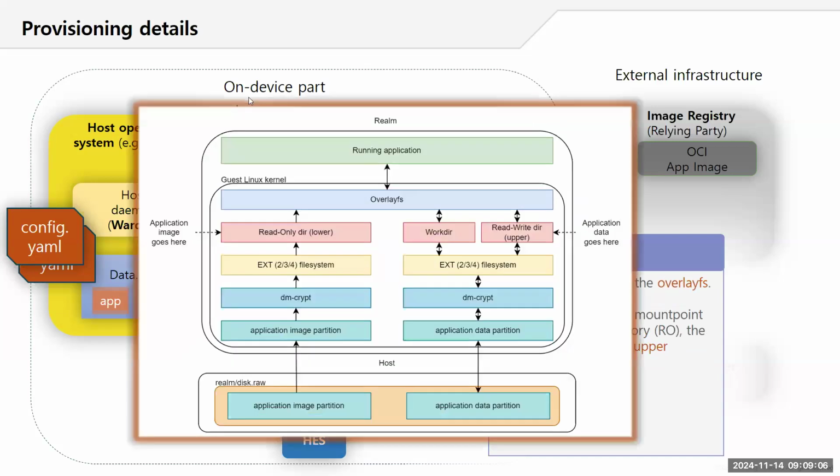And here we have a detailed view of the overlay FS setup. The application image is used as a read-only partition and the application data as a read-write partition. Of course, both partitions are encrypted using the Linux dm-crypt subsystem.